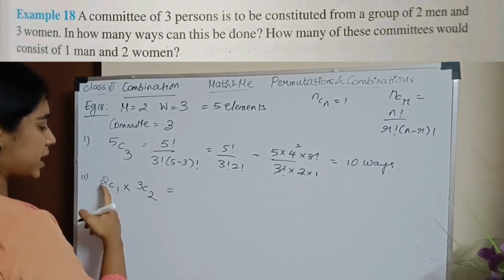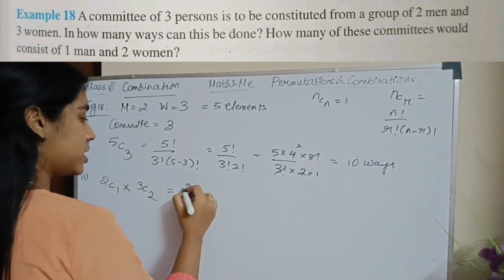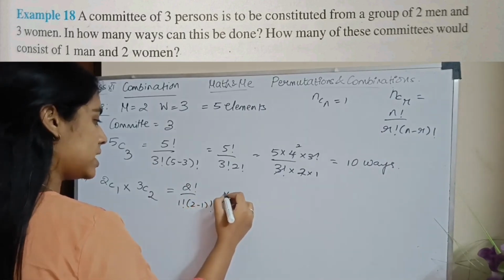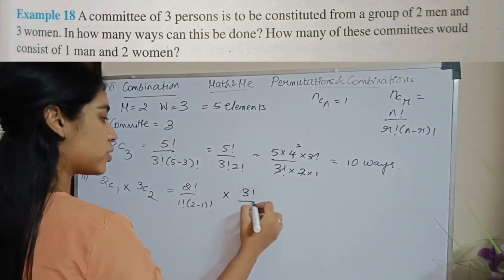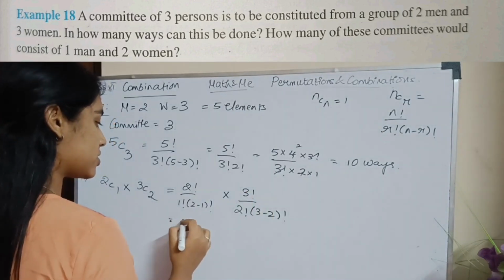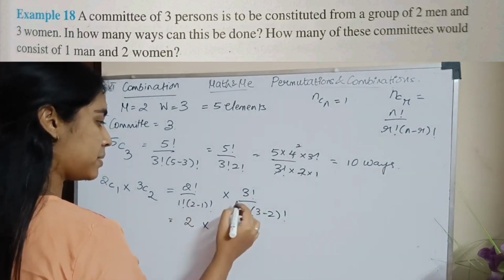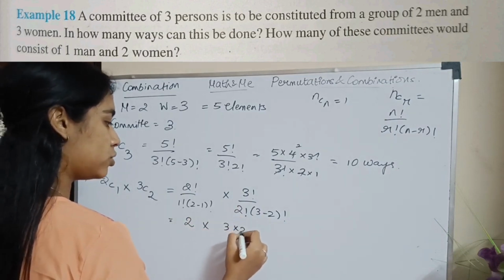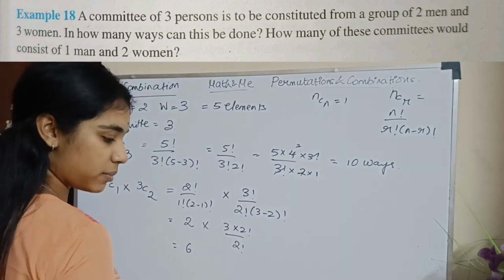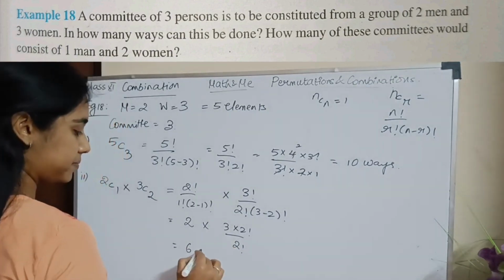So 2C1 is 2 factorial divided by 1 factorial times 2 minus 1 factorial, times 3C2, which is 3 factorial divided by 2 factorial times 3 minus 2. So this will be 2 times 3 into 2 factorial divided by 2 factorial. So this is 6. So it can be done in 6 ways.